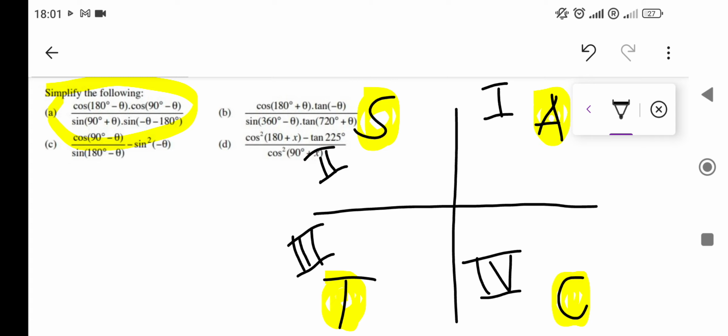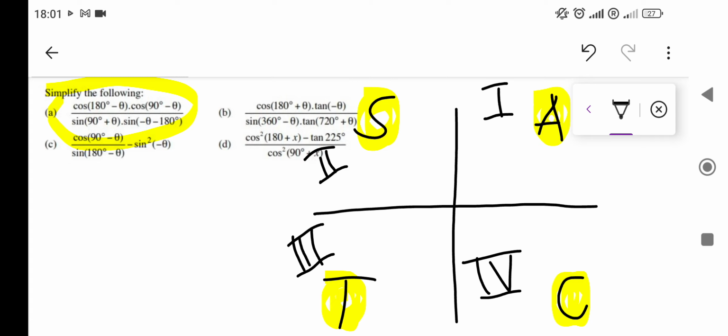Let's start with the 180. You have 180 minus. We always think of theta as an acute angle, smaller than 90. So if I say 180 minus a certain acute angle, let's say 20, 180 minus 20 is 160. Which quadrant will that put me in?